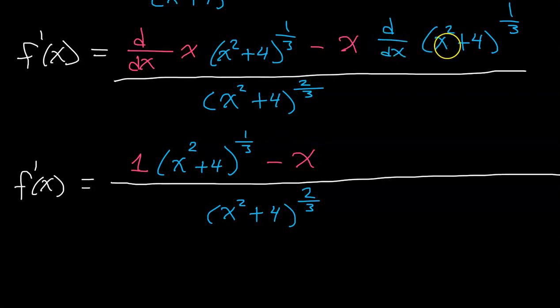Now it's time for the derivative of this blue stuff over here, but be careful. I warned you that we would have to do the chain rule. In fact, I'm going to colorize this a little bit further so you can follow what I'm doing. So we will look at this as an outer function in blue and then the inner function in yellow. According to the chain rule, we need to do the derivative of the outer function first.